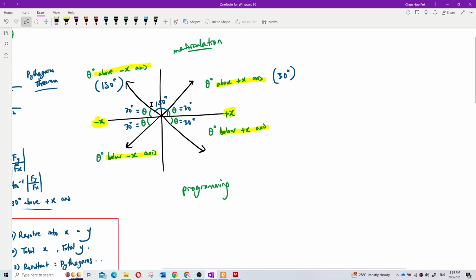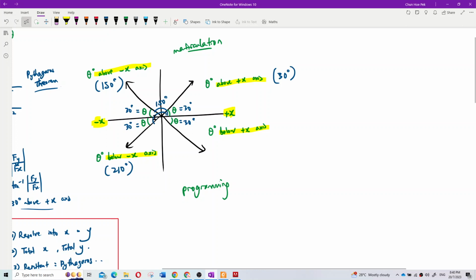Understand? 150 degrees. If for this part, you can say it is this angle. So it is 180 plus 30, which is what? 180 plus 30, you get 210. Understand?